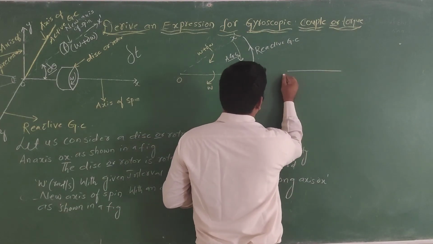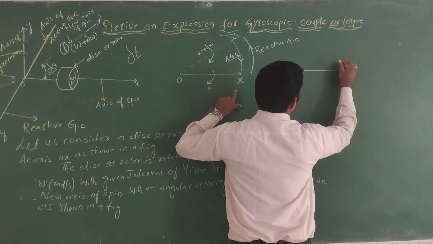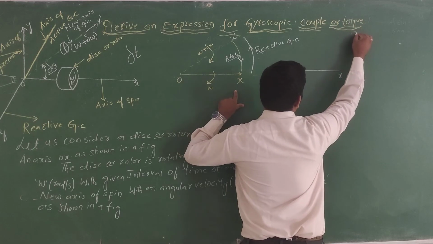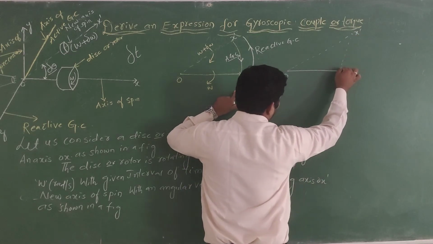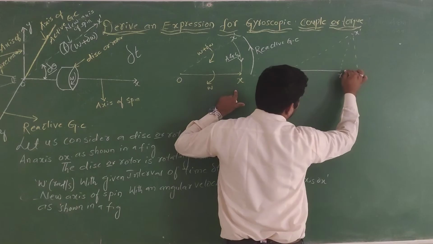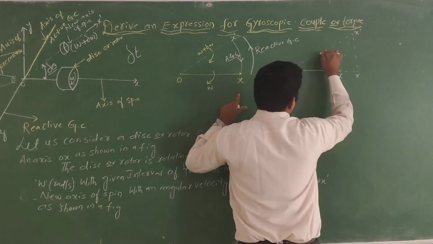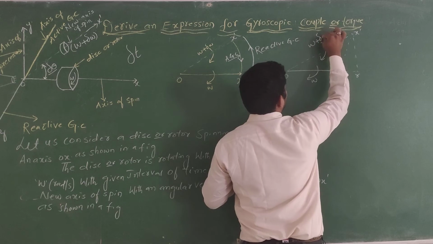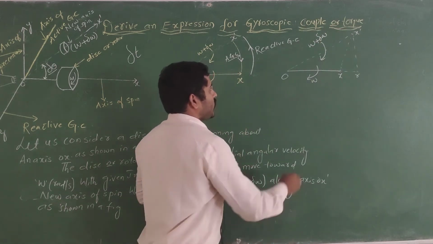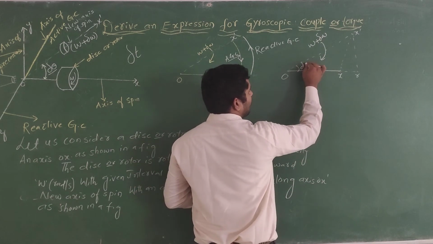Okay dear, then we need to represent another figure. This is O, this is X, and this is X dash, and here one more is R. Here we represent omega, and here omega plus delta omega. The change of angle is delta theta.